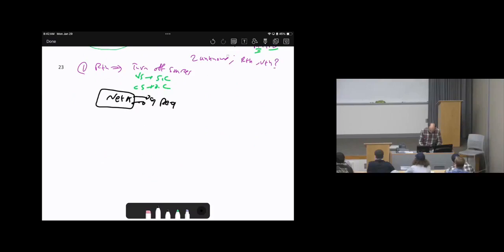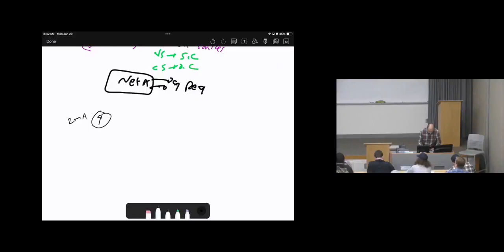So first thing, I'm going to draw network A, which is 2 milliamperes. Then here is 1 kilo ohm. I'm going to erase something later, so keep this in mind. Here is 2 kilo ohms. Here is 6 milliamperes.